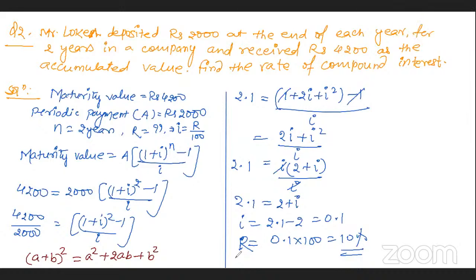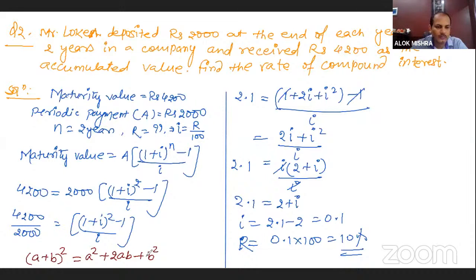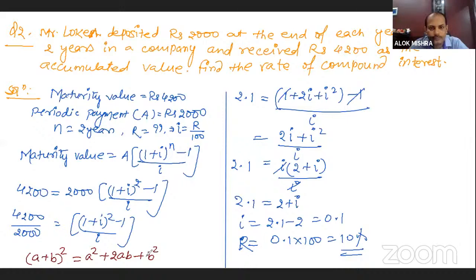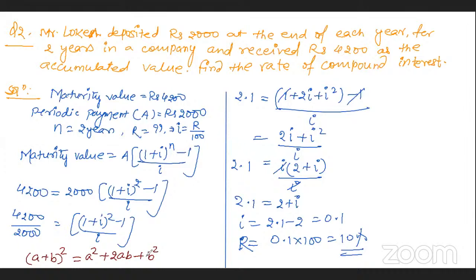Sir, excuse me, sir. Yes. Sir, I have a doubt. If interest is 10%, interest for the first year will be 200 rupees, right? Sir, then the value should be more than 4,200. It should be 4620.